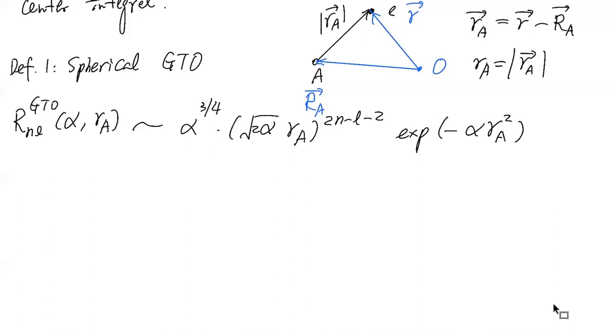As you can see here, it's exponential negative alpha times RA squared. This is a Gaussian function. And in front of it, you have several other terms, okay?